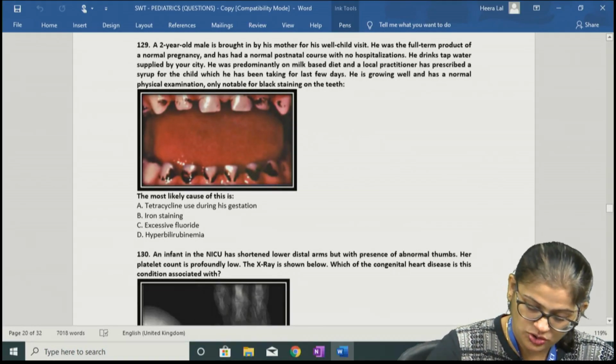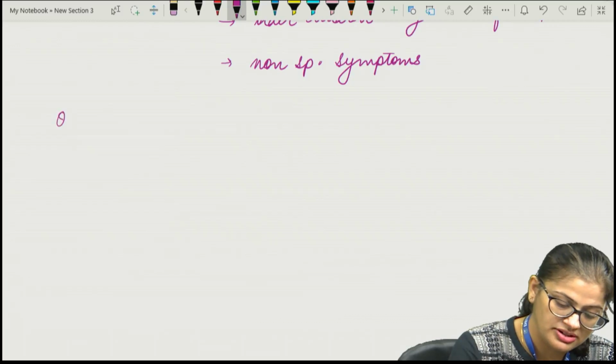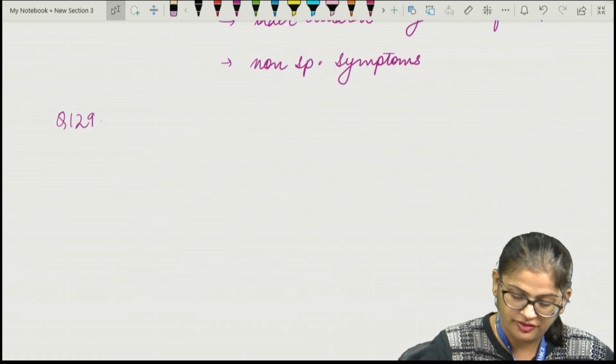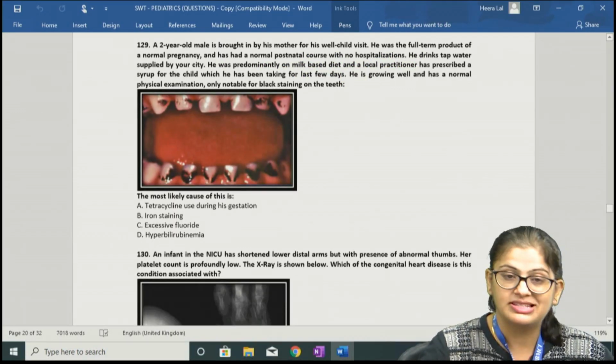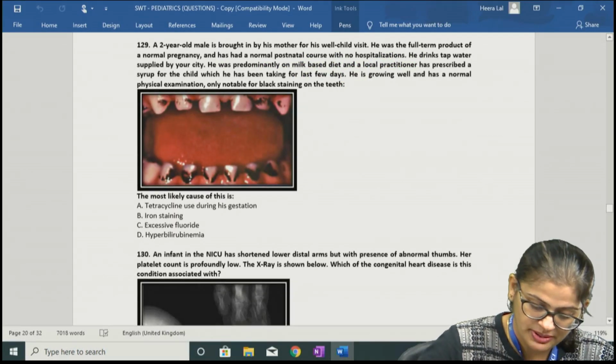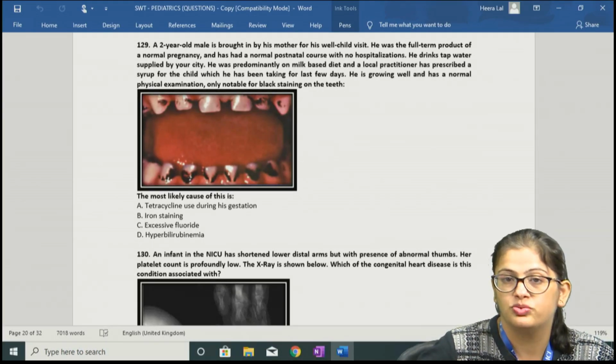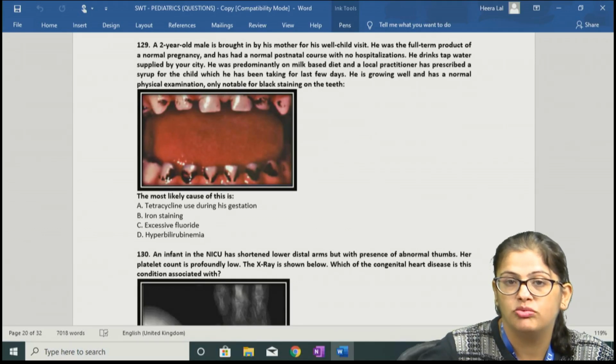129. And question number 129 was again an image based question whereby you were shown the image of a child with stained teeth, and the question was, a 2-year-old male is brought by his mother for his well child visit. He was a full-term product of a normal pregnancy and had a normal postnatal course with no hospitalizations.